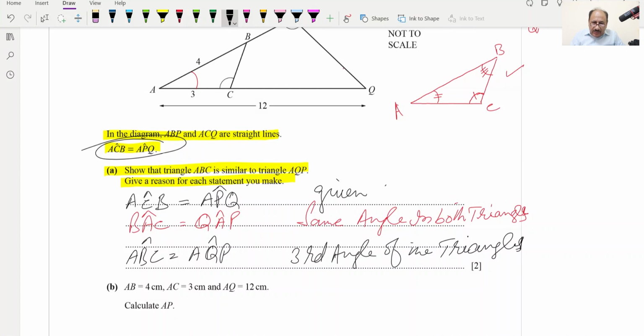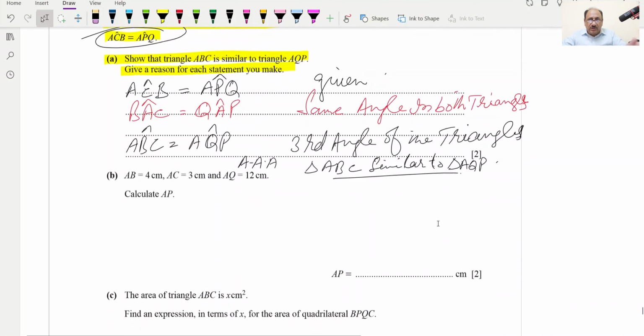So by angle theorem, basically triangle ABC is similar to triangle AQP. So this will be 2 marks part, which we are done.